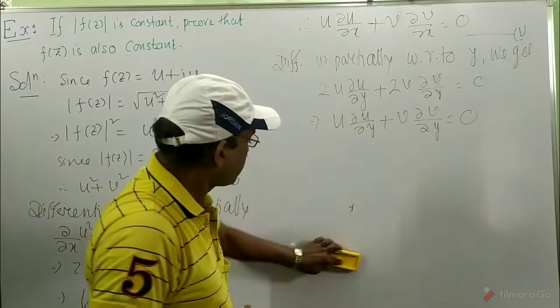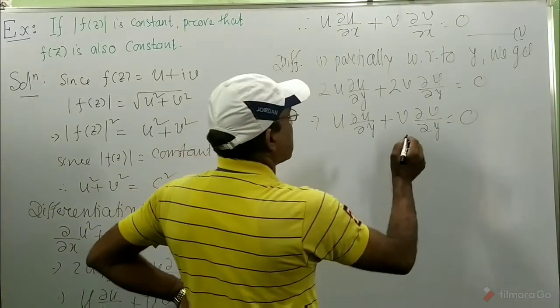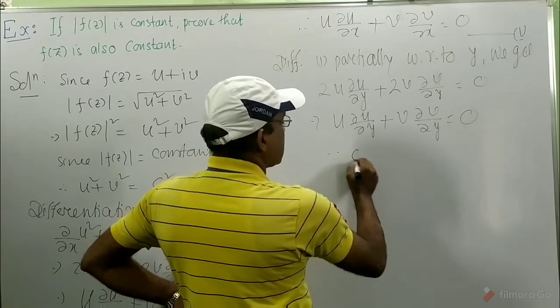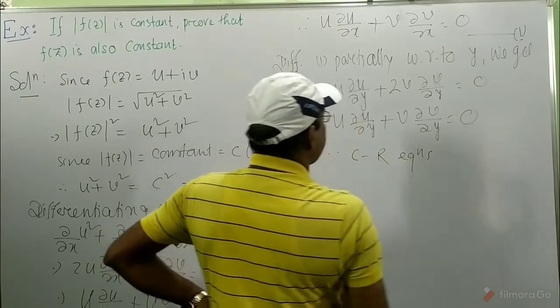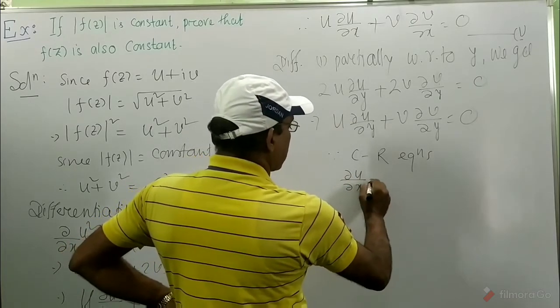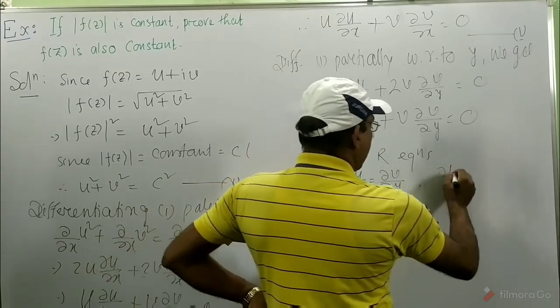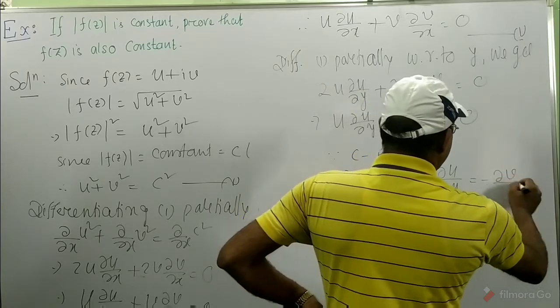Now we know the Cauchy-Riemann equations: del u by del x equal to del v by del y, and del u by del y equal to minus del v by del x.